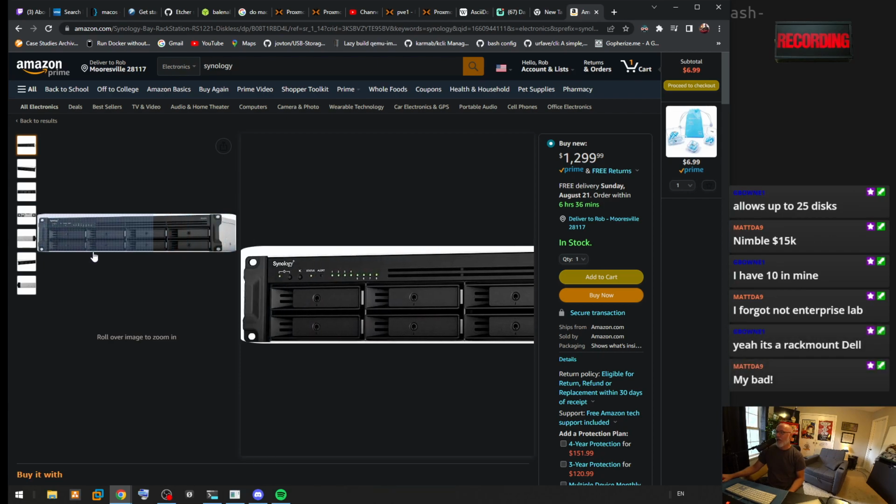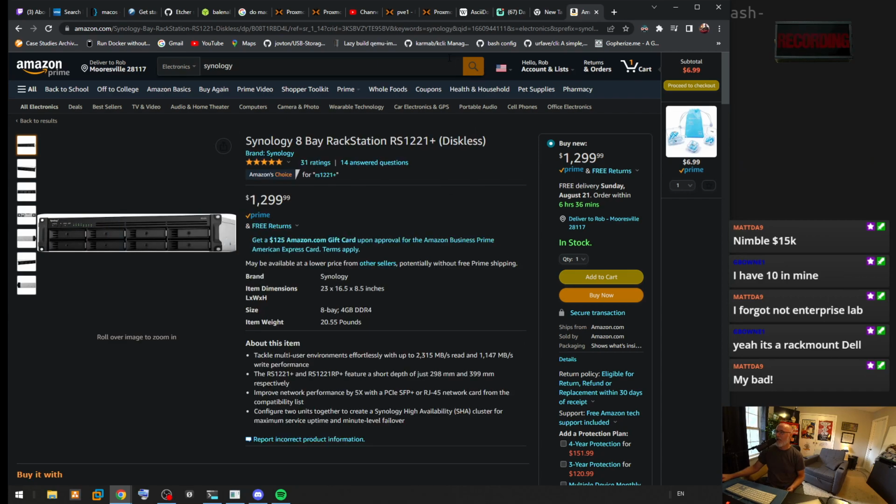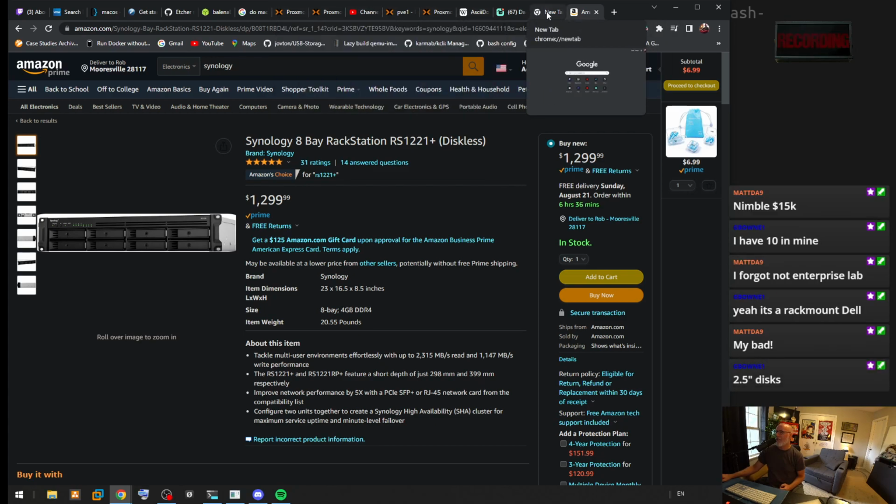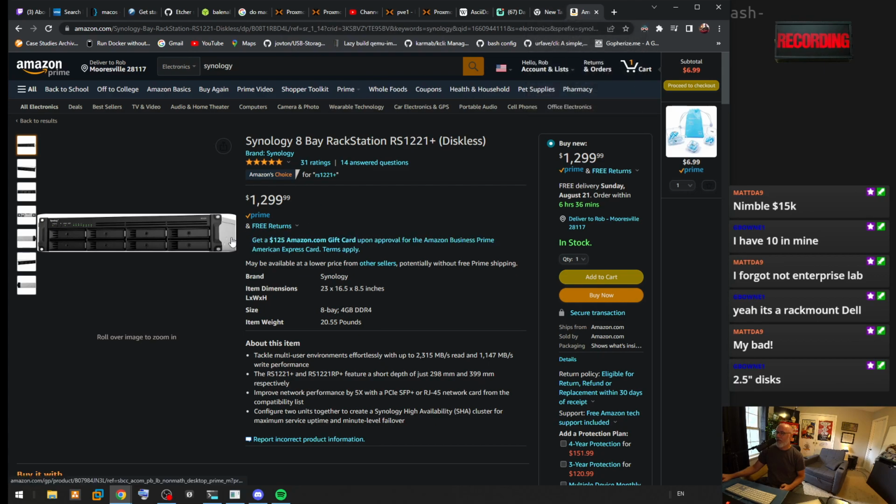Look, if I'm going to buy this kind of thing, I might spend a little bit more money to get a rack mounted one and then do the IKEA hack. Did you guys see the IKEA hack, by the way? Where's the IKEA hack? Who sent that? 25-inch discs. Yes.